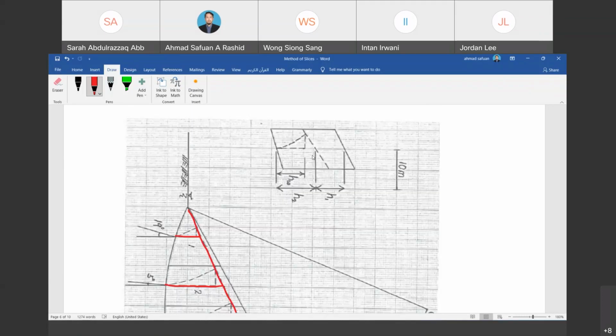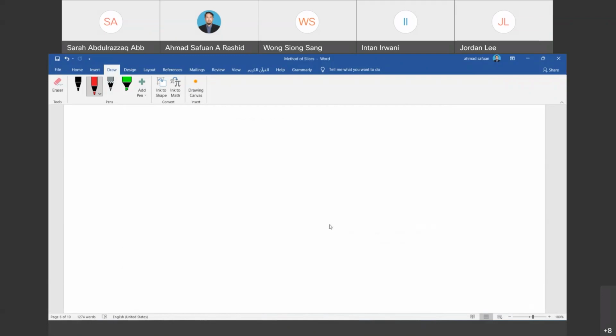For this example, you need to refer to Dr. Kamarudin, but for any related problem with the groundwater level, just draw up to the groundwater level, which is equivalent to HW.